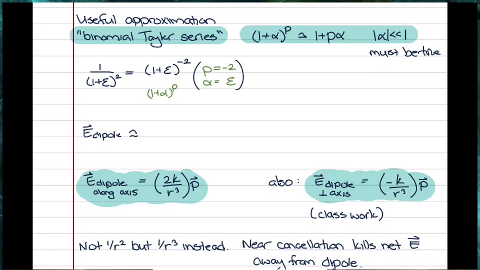So then that means that 1 plus epsilon to the minus 2 is going to be approximately 1 plus p alpha, and I said that p was negative 2 and alpha was epsilon, so then that looks like it's 1 minus 2 epsilon as a result. And again, right above it, this is the 1 plus p alpha. In this case, p happened to be negative, which is why it turned into a minus 2. So this is a good approximation for this expression.